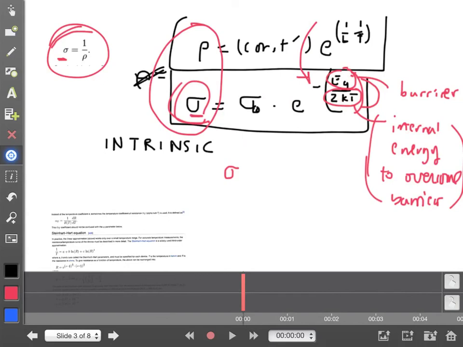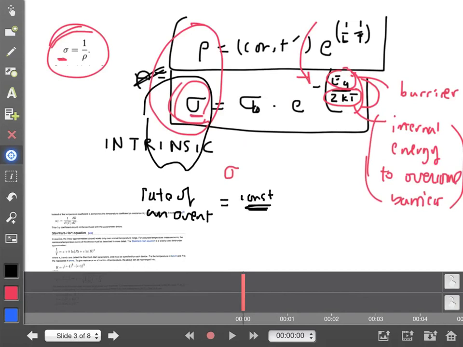So the generic form of this equation, just to be clear, is that the rate of an event, in this case the rate that you would produce intrinsic charge carriers, is equal to some constant, and this has to do with the availability of attempts, times the probability that you'll overcome some barrier.